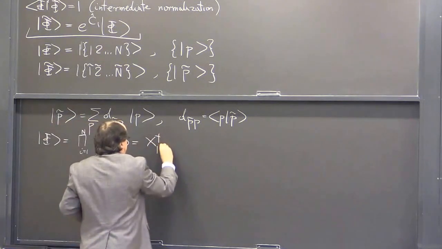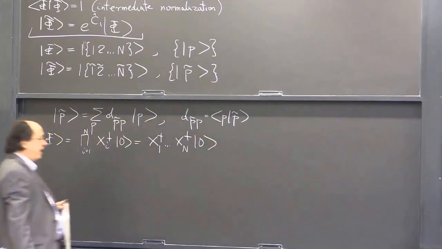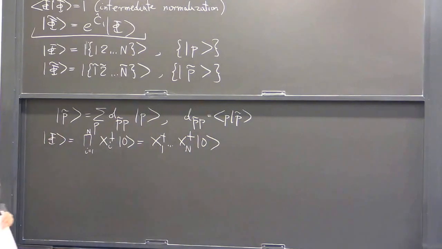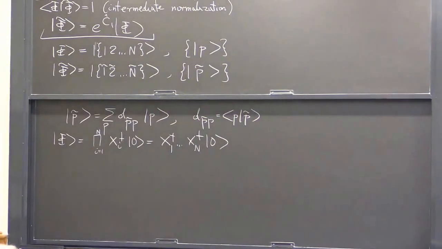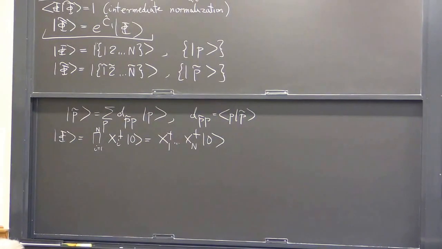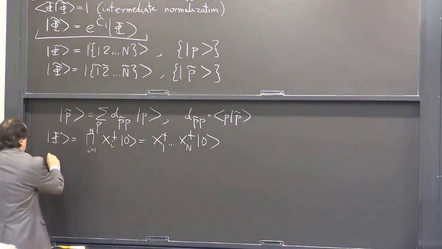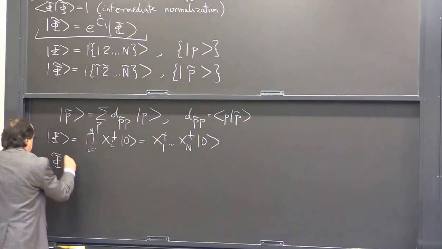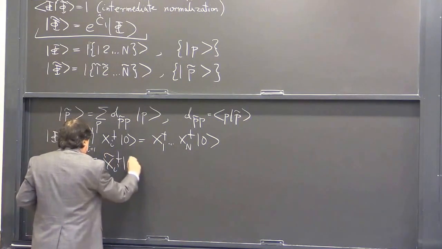Explicitly, it's x1 dagger through xn dagger acting on the true vacuum, where x dagger operators with no additional symbols on them are operators associated with the basis set p. Well then, I can write a similar expression for phi tilde. It's going to be a product of xi tilde dagger operators acting on the vacuum.